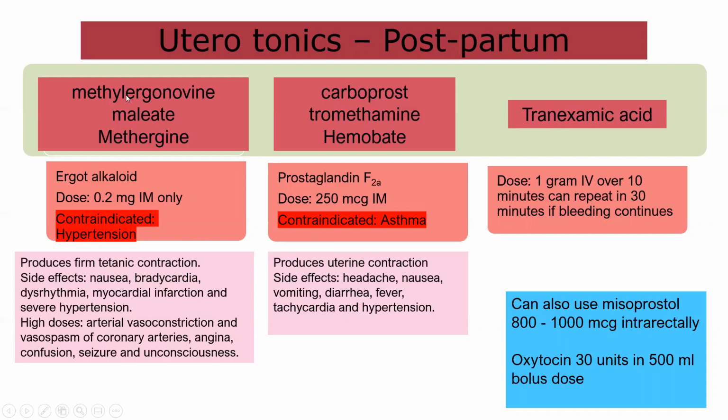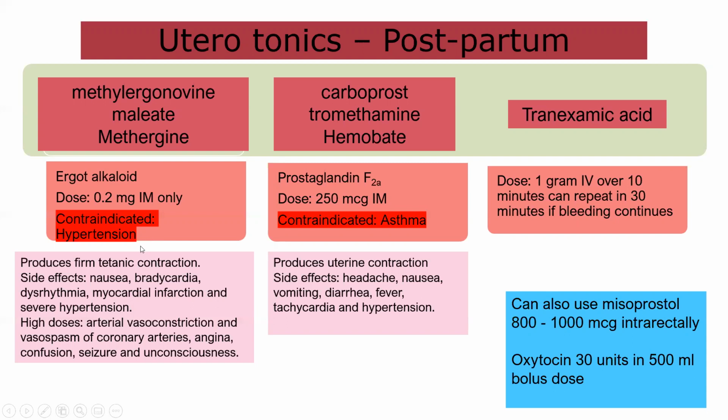A couple of things I just want to point out here for our Methergine, and this is a famous NCLEX question. It is absolutely contraindicated in hypertensive patients. So if your mom had gestational hypertension and now she is postpartum hemorrhaging, which can happen and is a trigger, you absolutely cannot give Methergine because it's a vasoconstrictor and you can actually cause them to stroke.